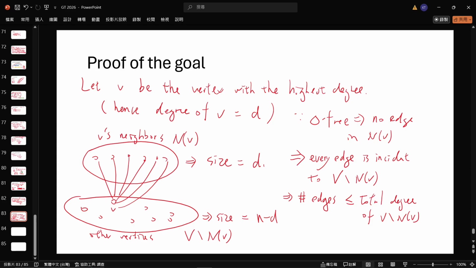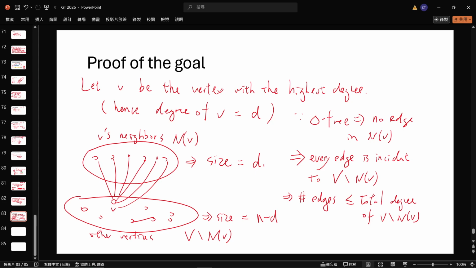This is less than or equal to, not equal, because if I have an edge like this, then when I count the total degree, I count it twice. But here I only need an upper bound.